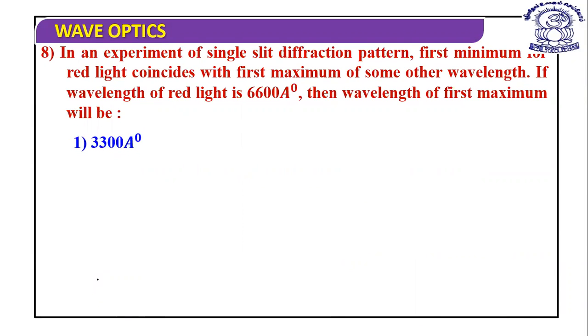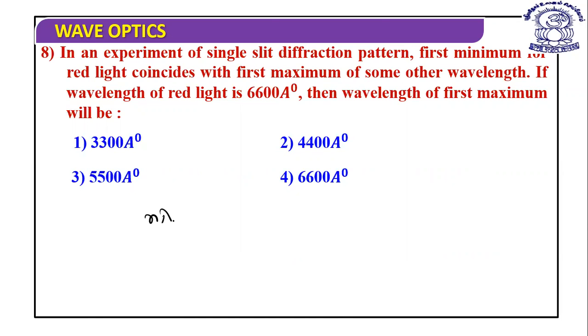In an experiment of single slit diffraction pattern, first minimum for red light coincides with first maximum of some other wavelength. If wavelength of red light is 6600 angstrom, then what is the wavelength of first maximum?